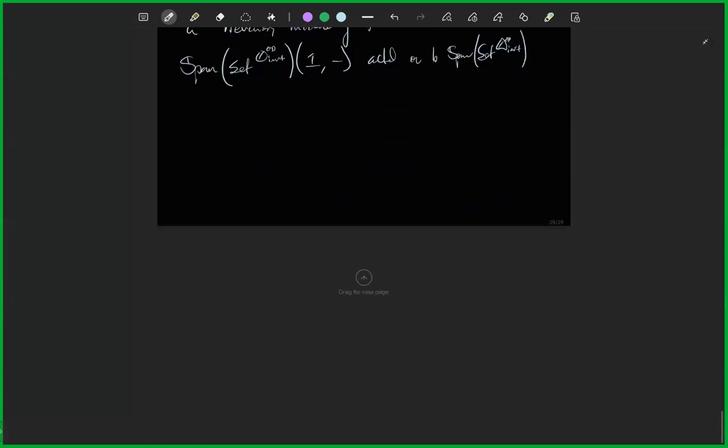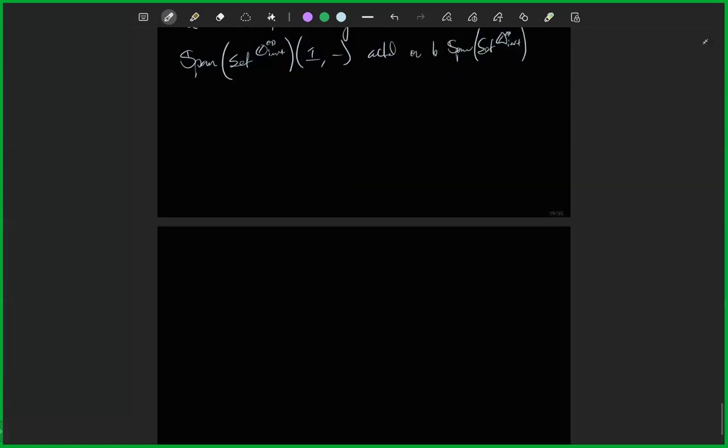Okay, so let me give you an example of where we might get this, right? Suppose we have a labeled transition system G with labels in L. And let's just say that these are edge labels.